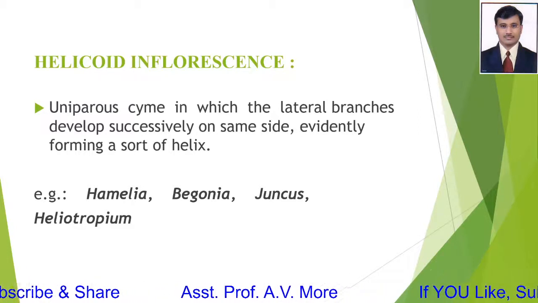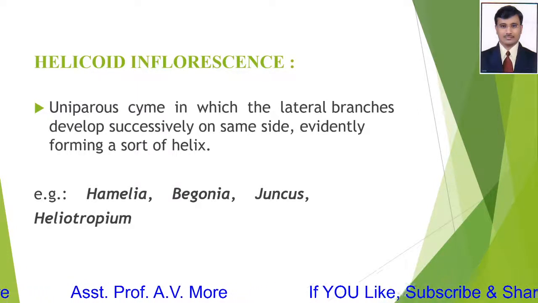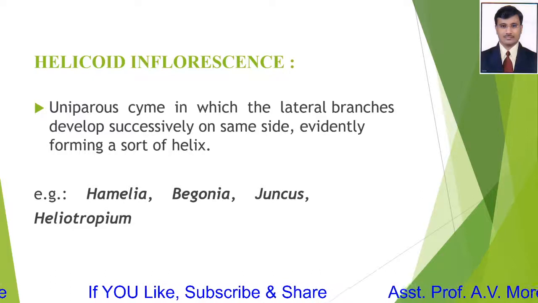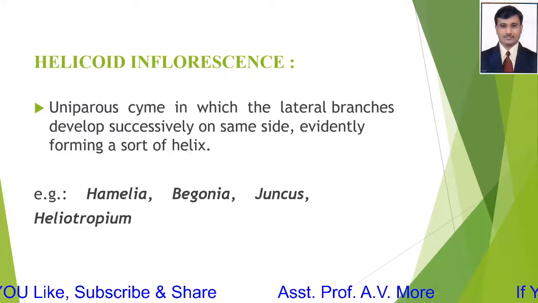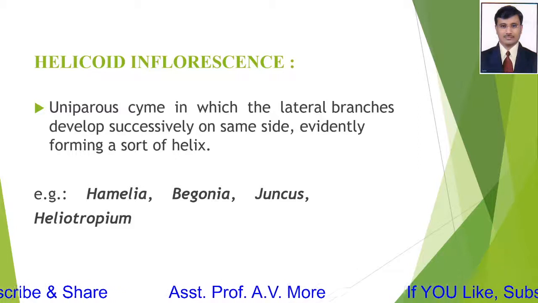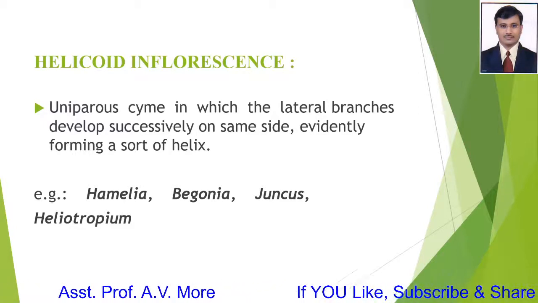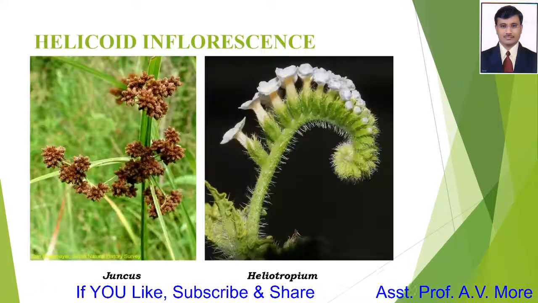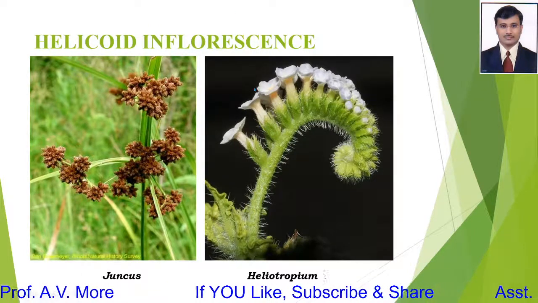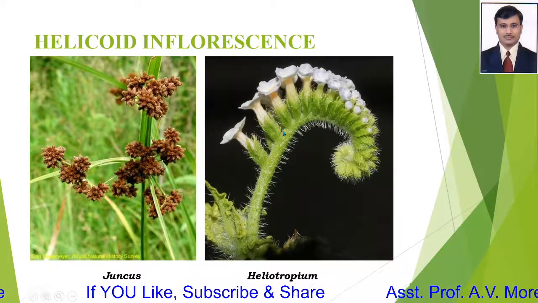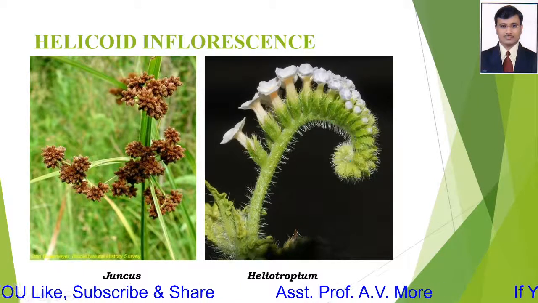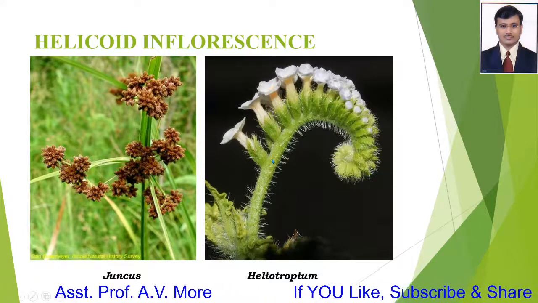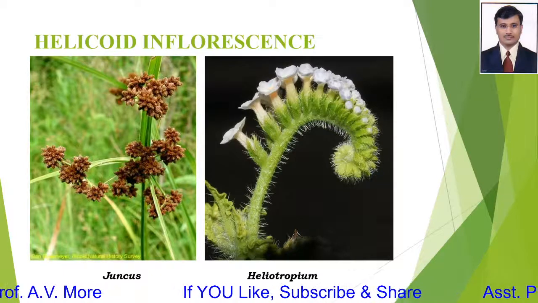This type of inflorescence we call helicoid inflorescence. For example, Hemerocallis, Begonia, Juncus and Heliotropium. Friends, see here the flowers develop on only one side. This type we call helicoid inflorescence.